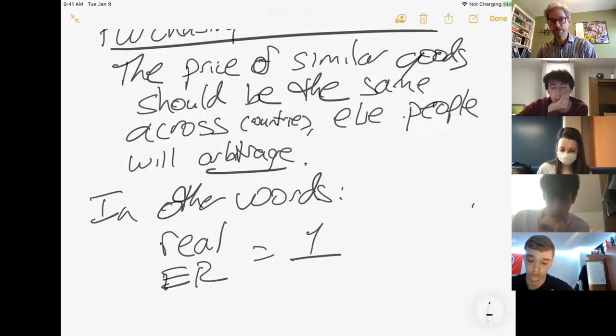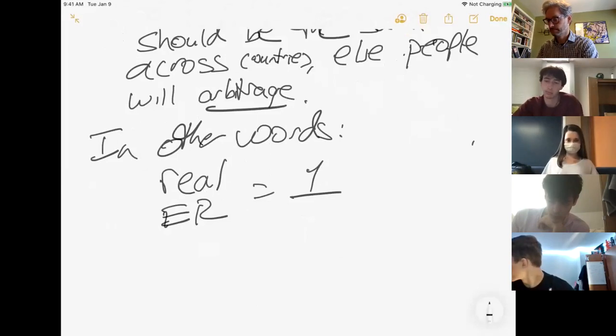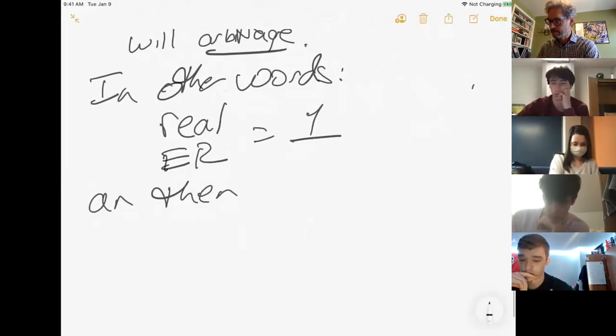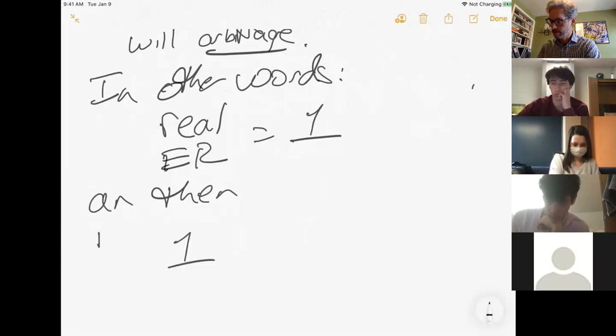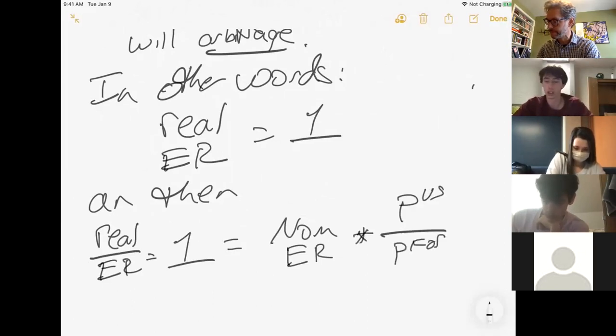In other words, the same good should, in real terms, be exactly the same between countries. And remember, if the real exchange rate is equal to 1, that's equal to the nominal exchange rate times the price level in the US divided by the price level in the foreign country.